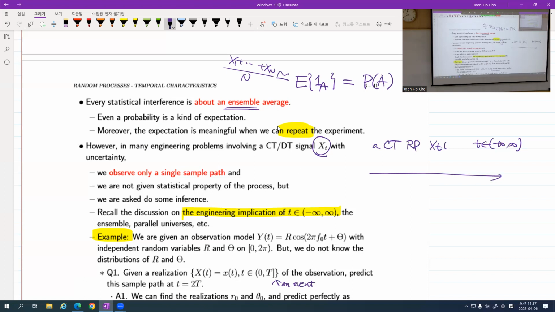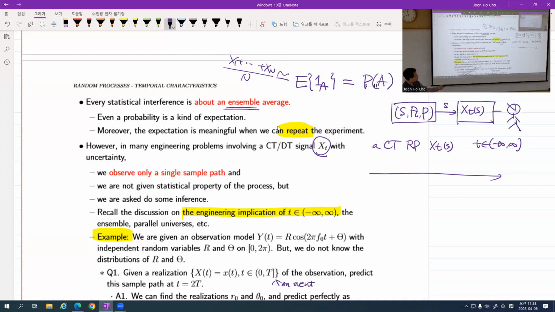So precisely speaking, we are given some x of t of s. Here we have a sample space, event space, and probability measure that model a random experiment generating the outcome s, and then a mapping rule that maps each s into a continuous-time signal that spans the entire real line. And then we observe the output.